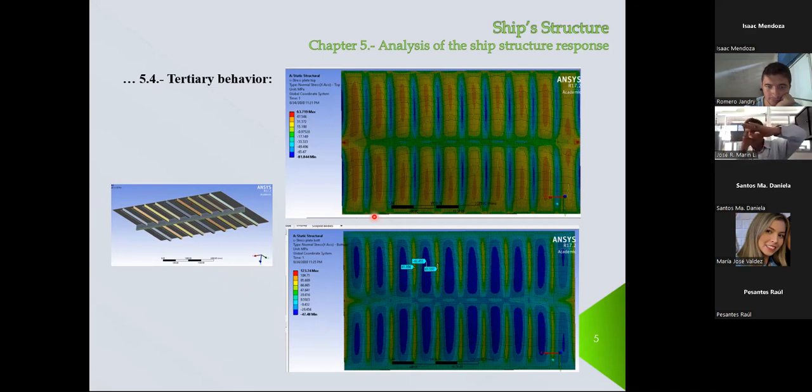Then you move along the plate and on the top it's going to be positive and the bottom negative. In each of these panels you could see some resemblance to the clamped plate, but it's not quite. This is something that I emphasized in chapter 4.